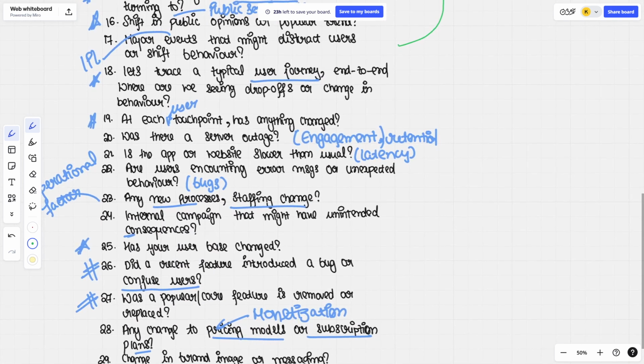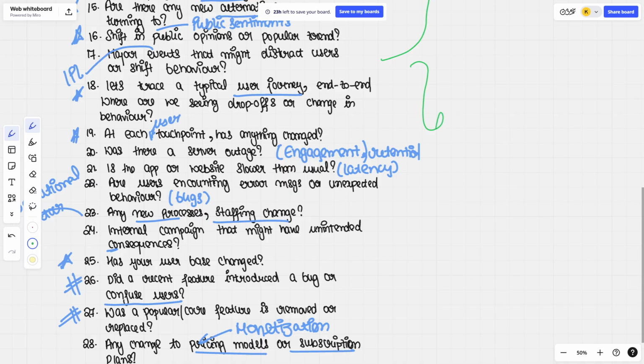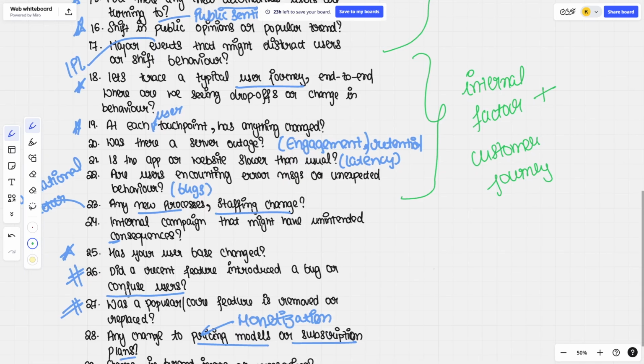And when we talk about a typical user journey, user touch point, a server outage, website slower than usual, and encountering bugs, till question number 22, these are related to internal factors, or we have already added the customer journey as well. Let's move forward.